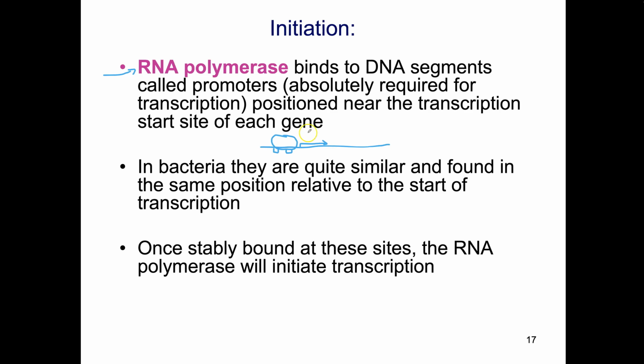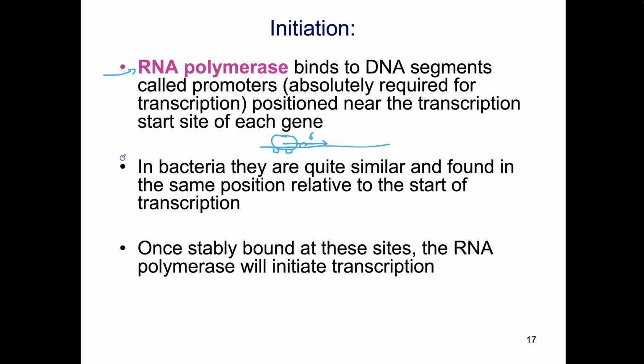And this arrow is one of the shortcuts for expressing that a gene is being transcribed. So the RNA polymerase is going to move this way along the DNA, and it's going to make an RNA from 5' to 3'.